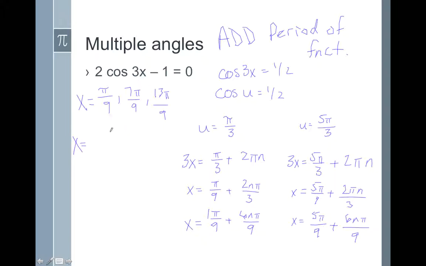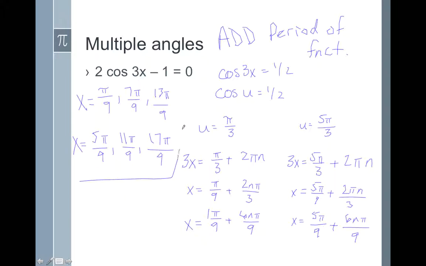So when n equals 0, I get 5 pi ninths. When I add 6, I get 11 pi over 9. And when I add 6 again, I get 17 pi over 9. If I add 6 again, I've gone too far.